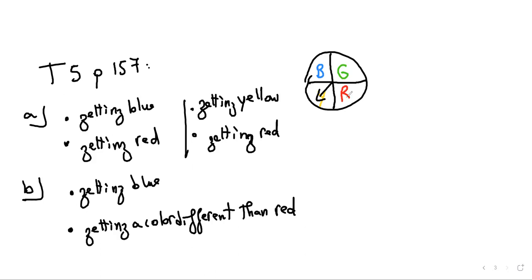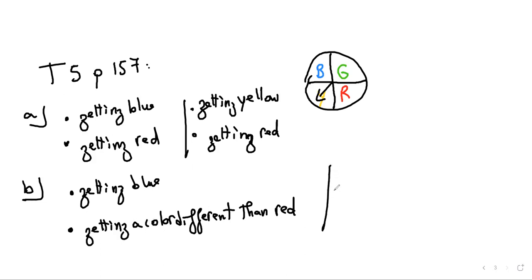A color that is different than red could be yellow, green, or blue. So blue is one of the possible outcomes that verify this event. So these two can happen at the same time, right?